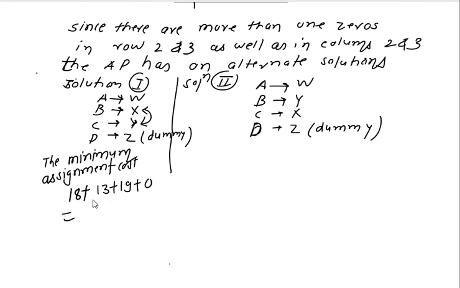So add this, what we get: 18 plus 18, 36 plus 37, 37 plus 3, 40, 40 plus 10, 50.